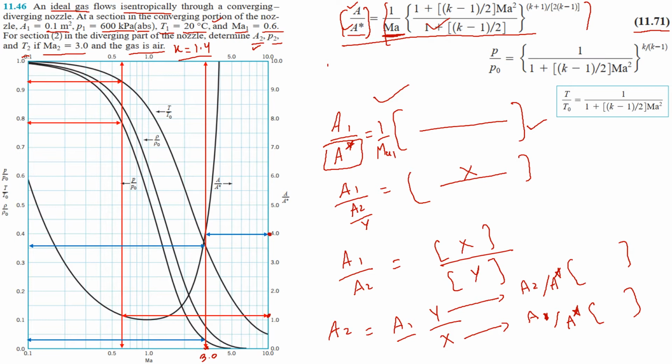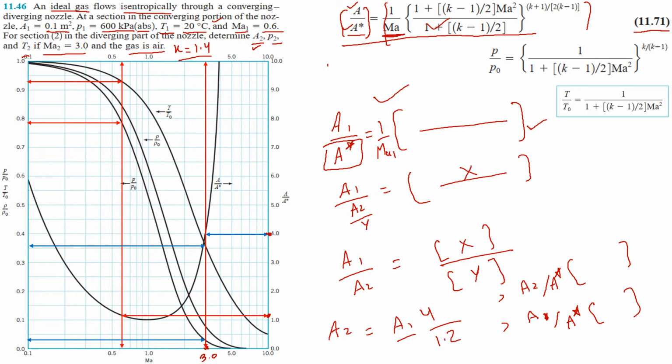So A2 over A star, which we have read from the table, was somewhere around 4. So in terms of y I will put 4, and then A1 over A star was given as this value right here, and it was equal to 1.2. So I will put 1.2 instead of x.